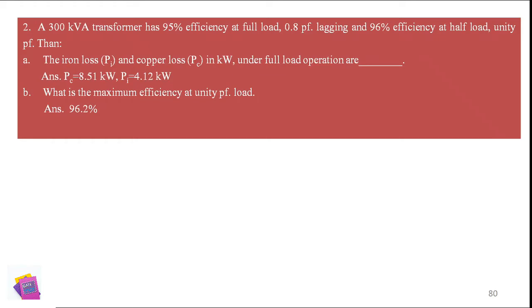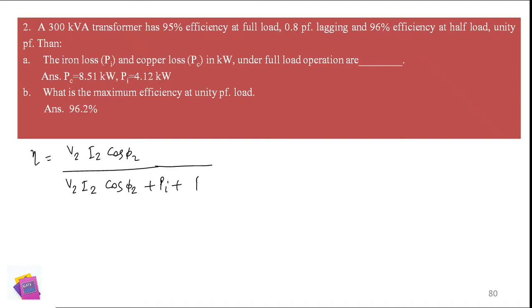Okay, so let's solve. You know the formula of efficiency. I told you: V2 I2 cos phi 2 divided by V2 I2 cos phi 2 plus losses, iron loss plus full load copper loss. Let's modify this a little.